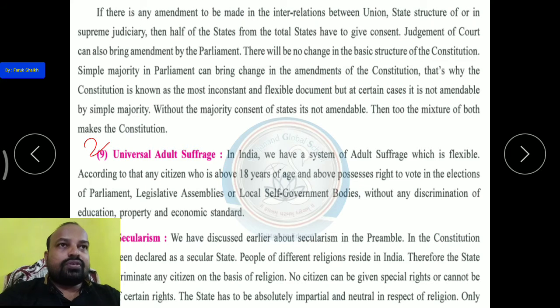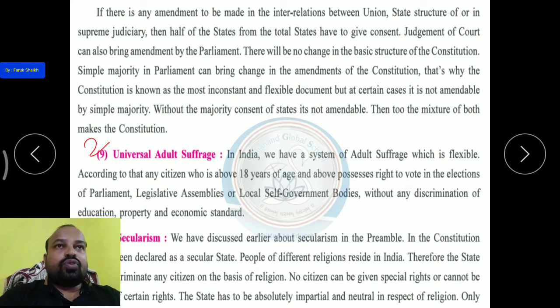Means if government wants to change the constitution, okay, if they want to do any amendment, कुछ सुधारना, कुछ ऐड करना है, something they want to add, so there should be simple majority in the parliament. That is why the constitution is known as a flexible document, but in certain cases it is not amendable by simple majority.